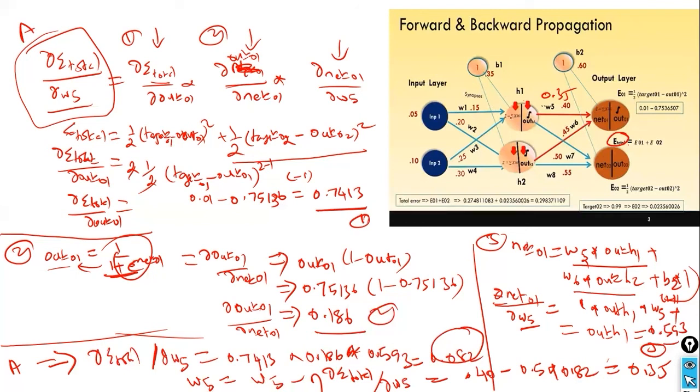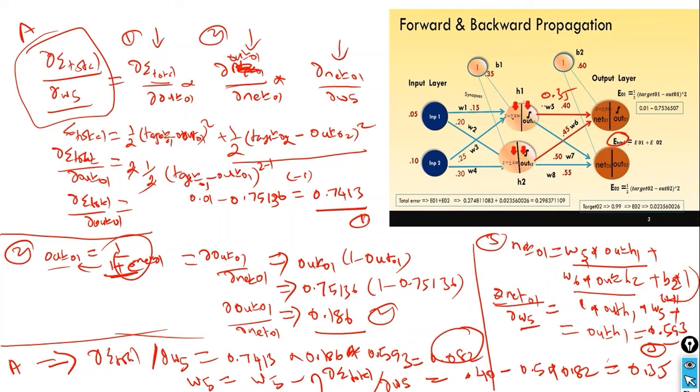In this case, dou E total divided by dou W1. The dou E total depends on dou out H1, which depends on dou net H1, and dou net H1 depends on W1. You need to take the partial derivative.